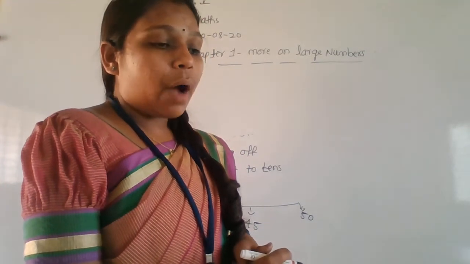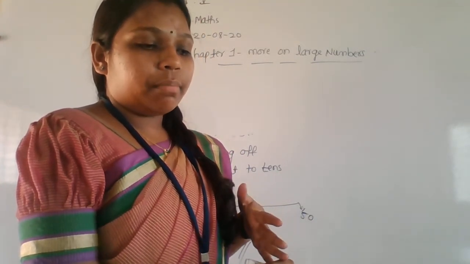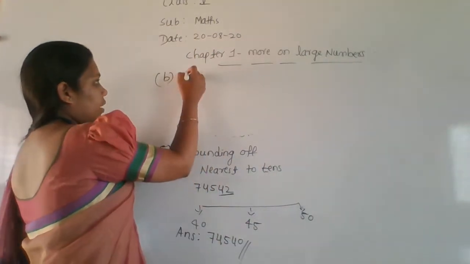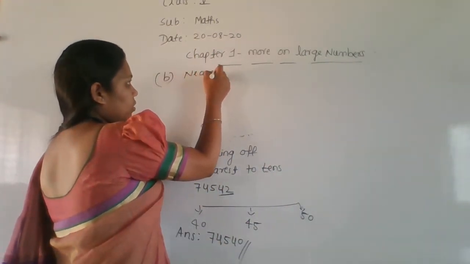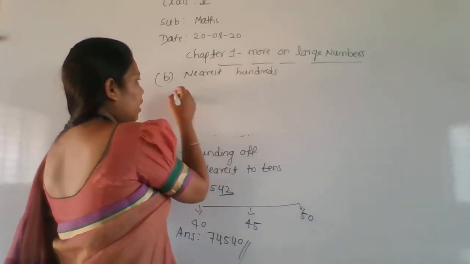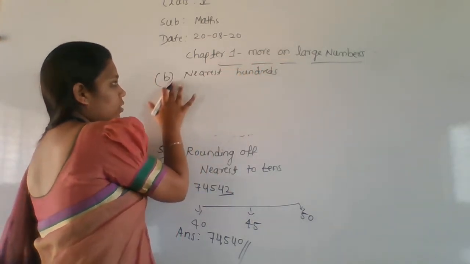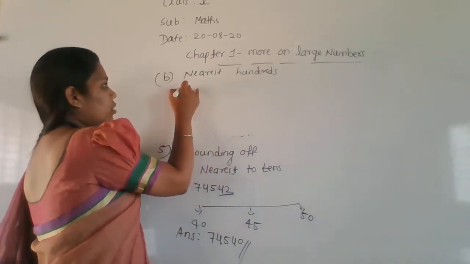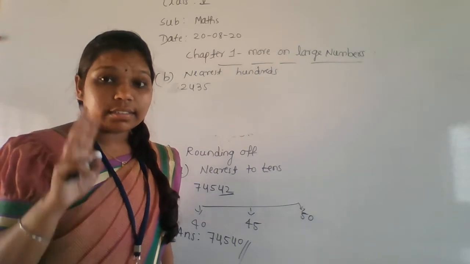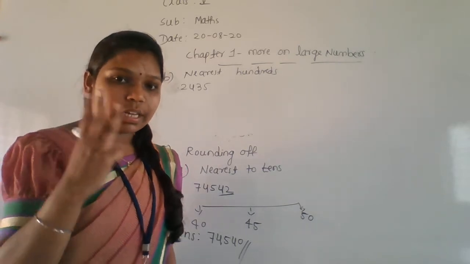Okay, so you have to round off the given number to the nearest hundreds. Okay, so nearest hundreds they said here. And what is the question there? What is the number? 2435. Nearest 100 means we have to take the last 3 values here.